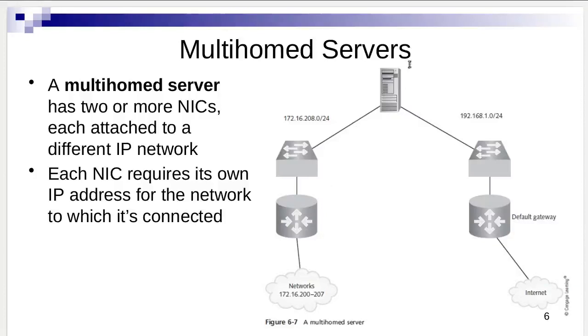But you can make any Windows 10 or newer Windows Server do some of the same things that routers do. Okay, so each NIC requires its own IP address for the network to which it's connected.